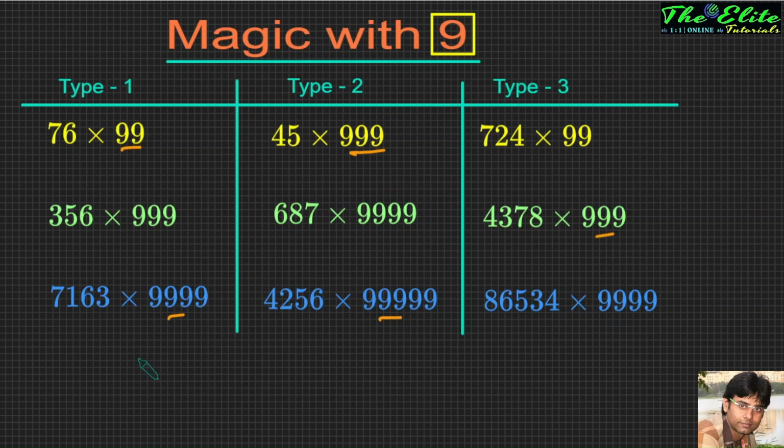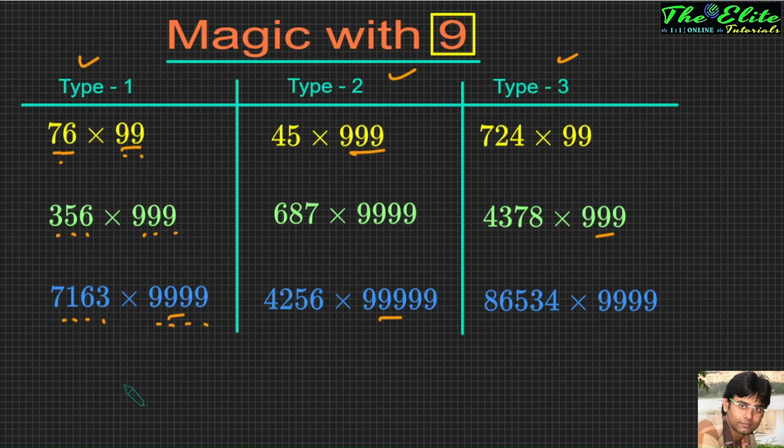All the multiplications with 9 have been categorized into 3 types, type 1, type 2 and type 3. So what are these types actually? See here, you can see that the number of digits of the number that is going to be multiplied by nines is the same as the number of nines. 2 digits here, 2 nines are here. 3 digits here, 3 nines are here. 4 digits are here, 4 nines are here.